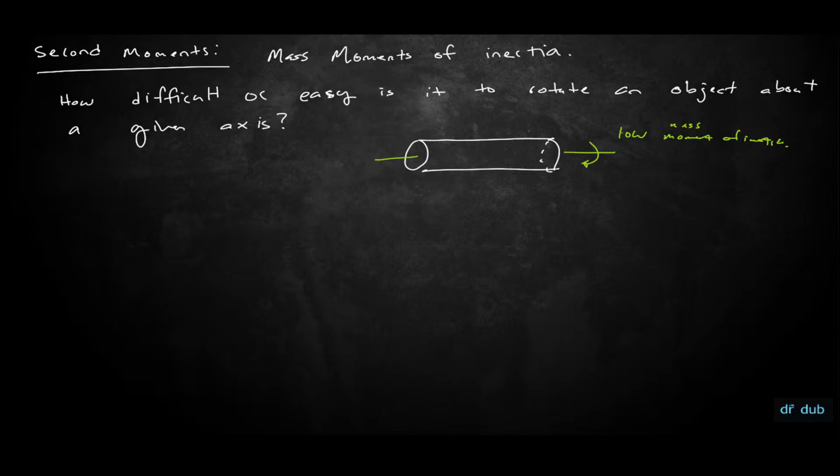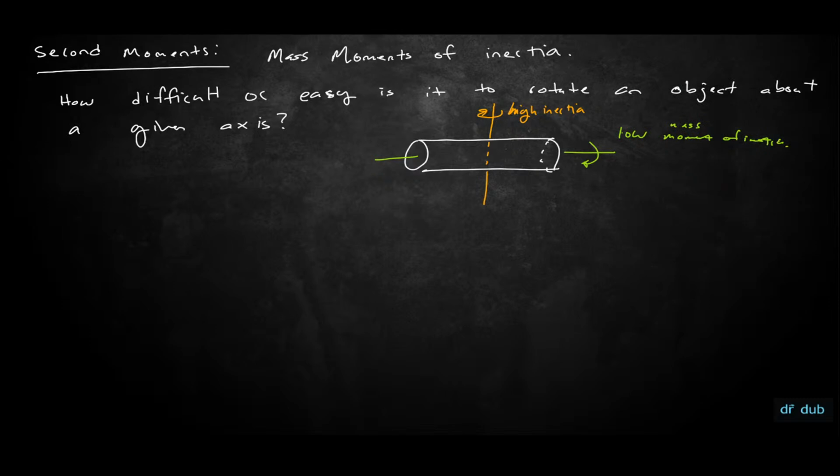So making it rotate around its axis of symmetry, easy. Making it rotate around something like this, it's more difficult. So low inertia in the green direction, high inertia in the orange direction.